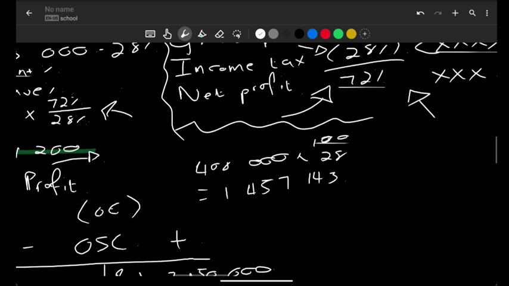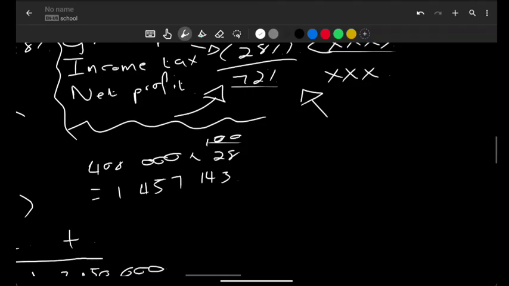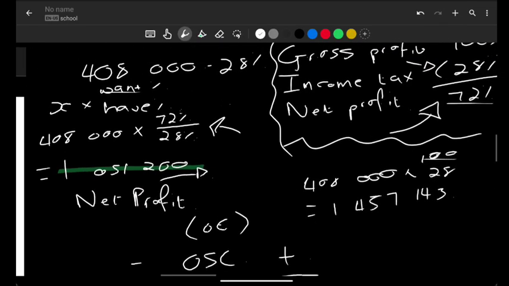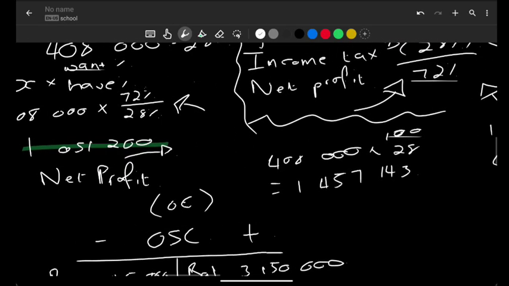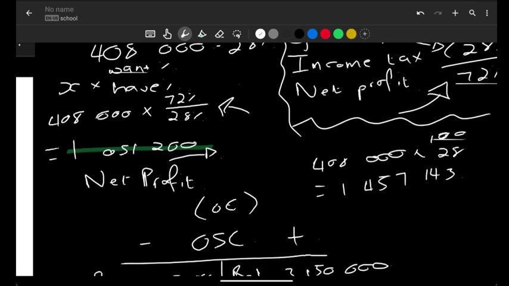Then we take that 1,457,143 minus 408,123. No, it's not 408,123, it's 408,800.